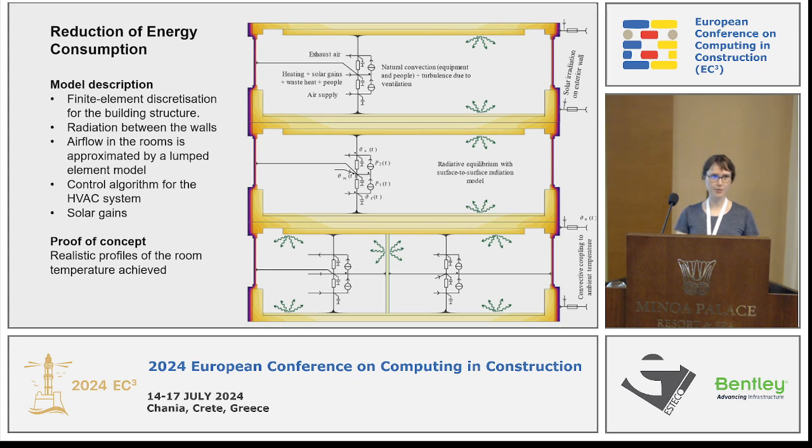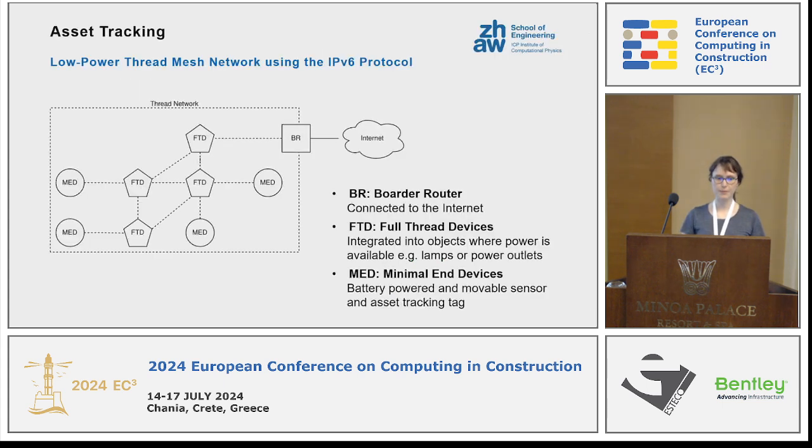And for those simulations to be accurate, you need input data, and that's where this use case is related to the second use case. So here in the picture you can see a low-power thread mesh network, and it consists of a border router which connects the thread network to the internet. And then you have the full thread devices, which are at a fixed location and also need a fixed power source.